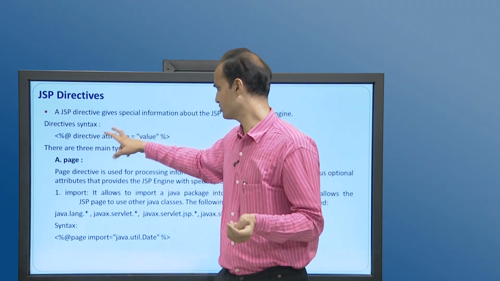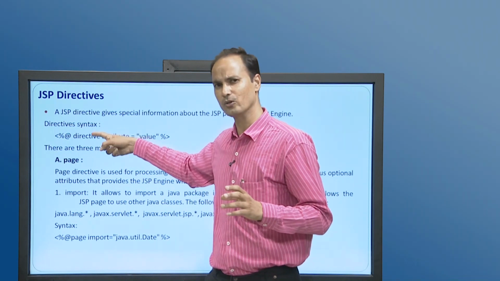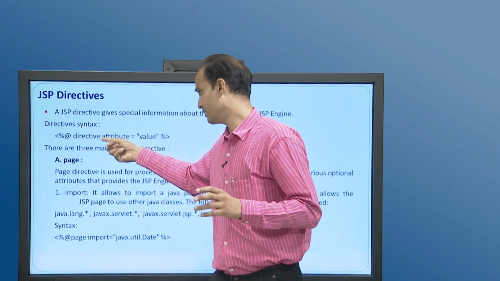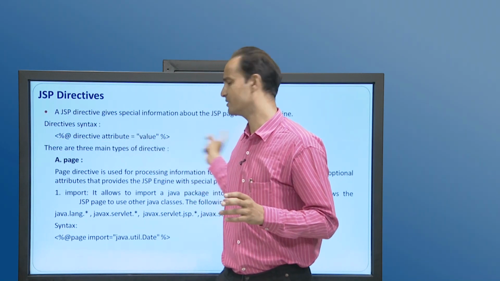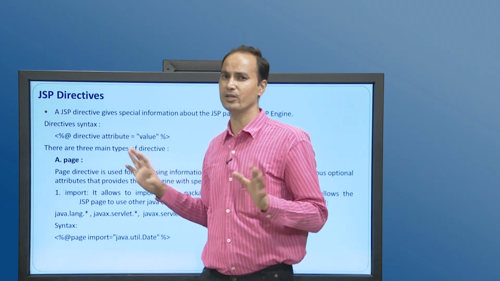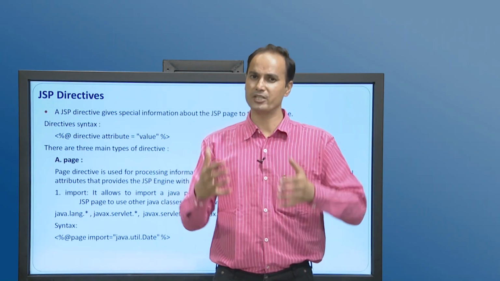So there are 3 directives, and you can use any one of them. So, percentage, @, the directive name, and then its attributes and their values. Let us have an example, first one, page, if you are using the page directive. The page directive has a number of attributes.